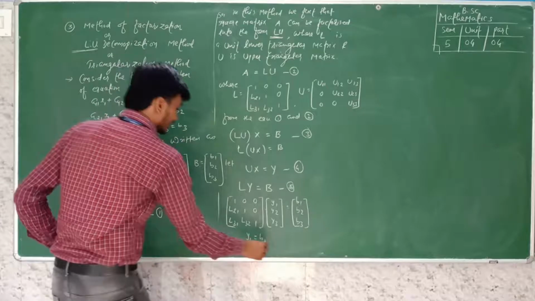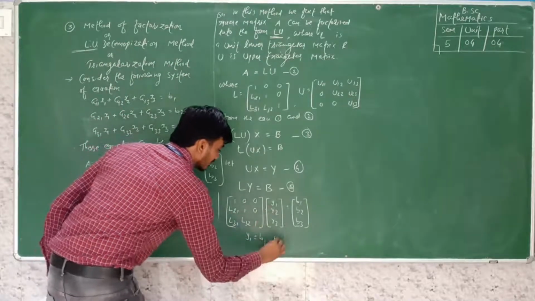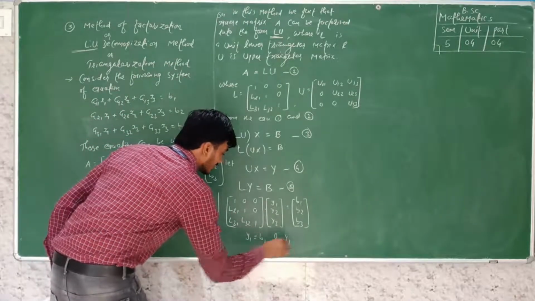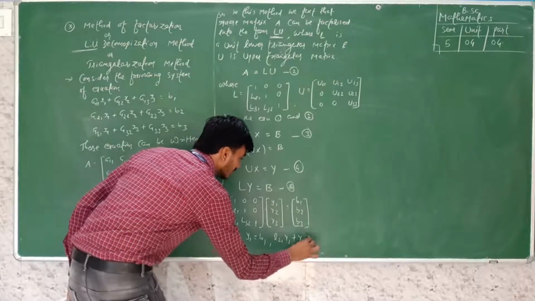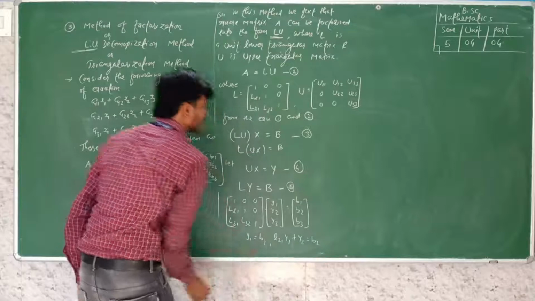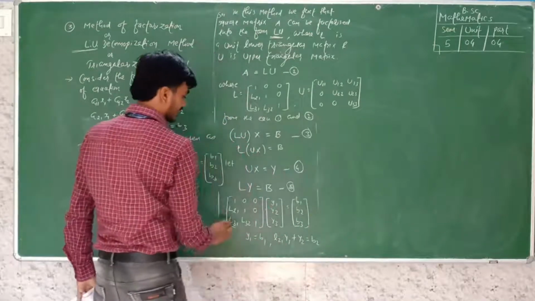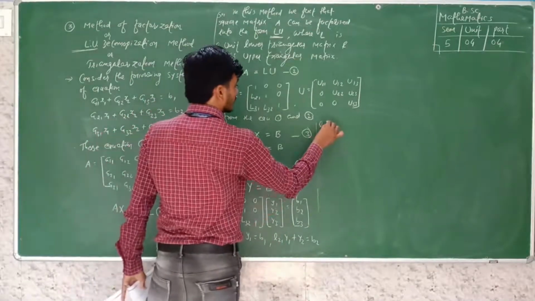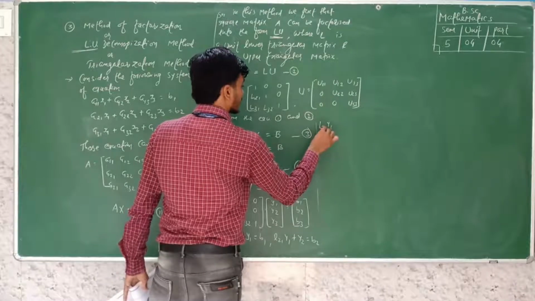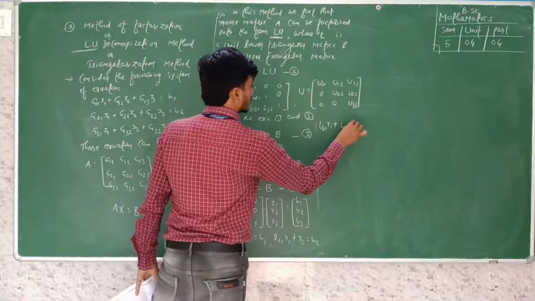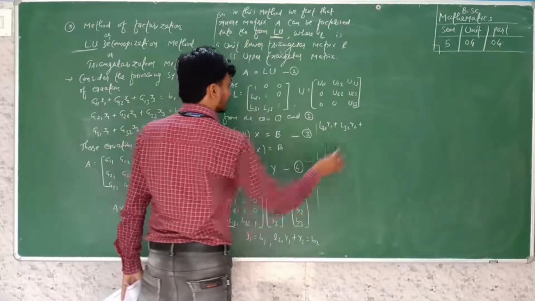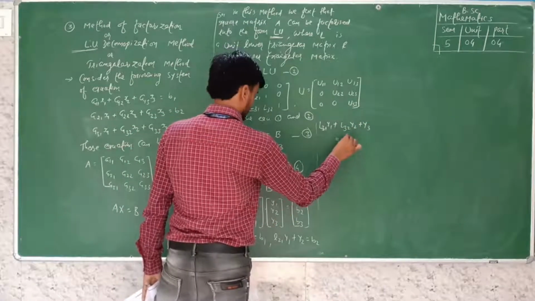Then L21 into y1 plus 1 into y2 is equal to b2. And L31 into y1 plus L32 into y2 plus 1 into y3 is equal to b3.